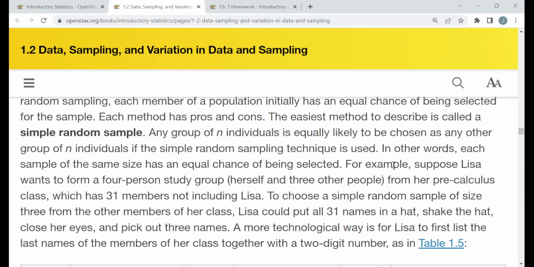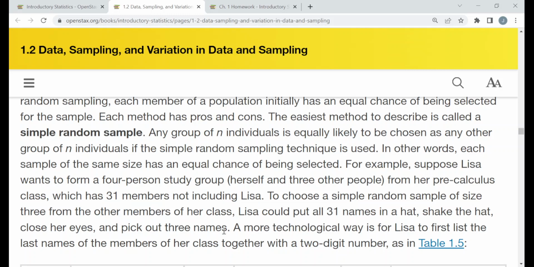For example, suppose Lisa wants to form a 4-person study group, herself and 3 other people, from her pre-calculus class, which has 31 members, not including Lisa. To choose a simple random sample of size 3 from the other members of her class, Lisa could put all 31 names in a hat, shake the hat, close her eyes, and pick out 3 names.